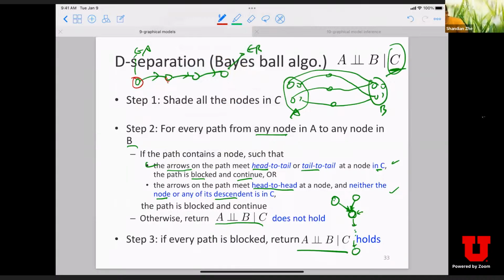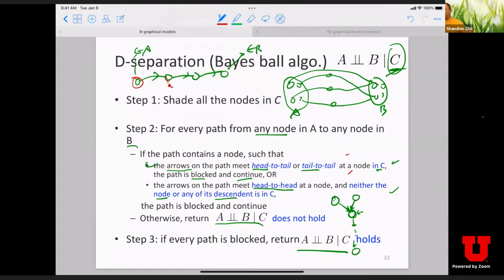However, whenever you look at a new node, you want to check if these three cases happen. If any of these three cases happen, that means here is blocked, and the ball has to be bounced back and return to the starting point. That means this path is blocked.